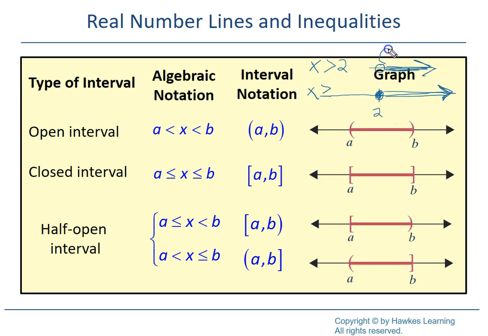The parenthesis indicates that the number that they're talking about here is not included in the set. But if it's included and it has the equal sign as part of this here, then we use a bracket.